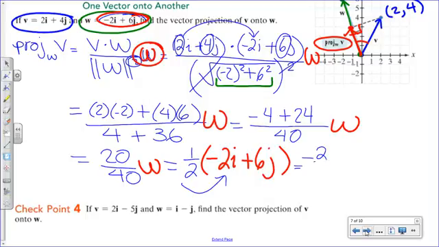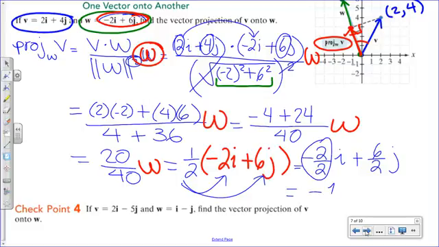So negative 2 divided by 2 i. And then if we multiply 1/2 times 6, that will give me 6/2 times j. And of course, if we simplify, negative 2 divided by positive 2 is negative 1. So we will have negative i. And then 6 divided by 2 is positive 3, so we will have plus 3j.